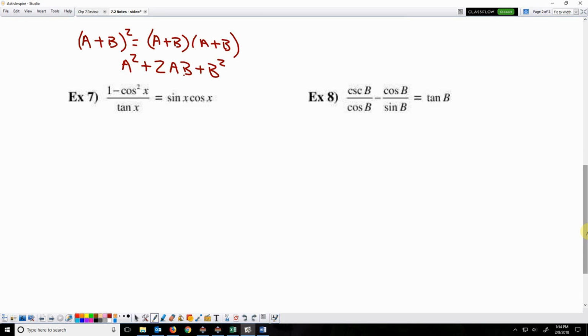In example 7, one of our Pythagorean identities is that 1 minus cosine squared theta is equal to sine squared theta. So I'm going to replace that with sine squared theta. In this case, it's actually x, so sine squared x over. And another identity is that tangent x is sine x over cosine x.